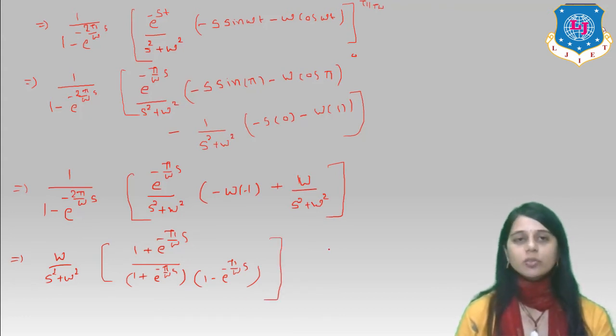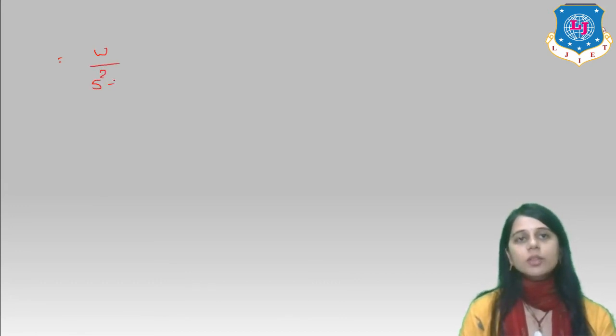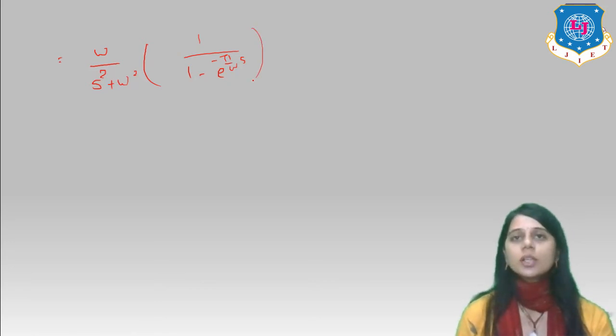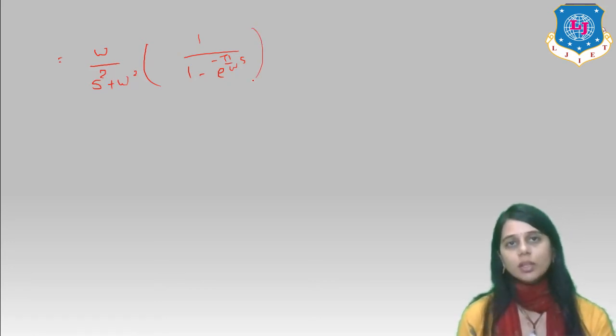So we use the s square minus a square form, s minus a, s plus a. These two factors cancel. So the last answer is omega upon s square plus omega square times 1 upon 1 minus e raised to minus pi by omega s. Okay, this is your answer for this example of the periodic function.